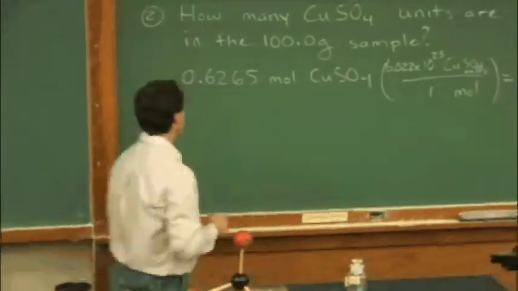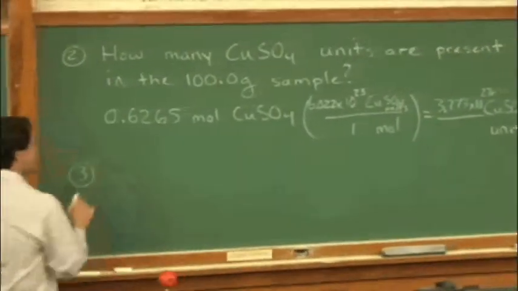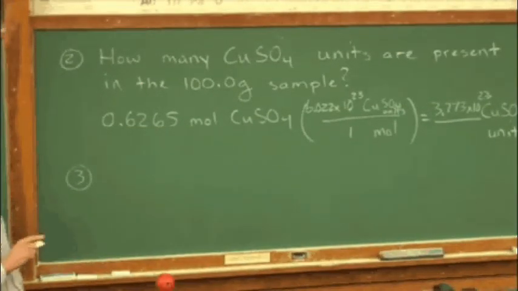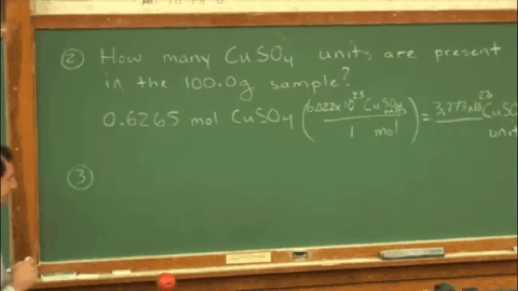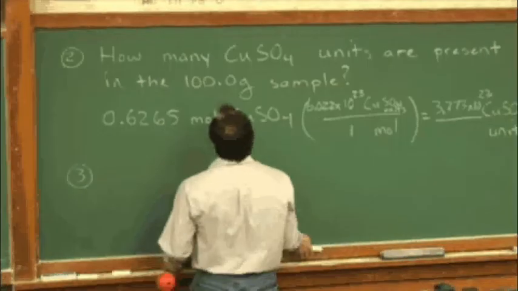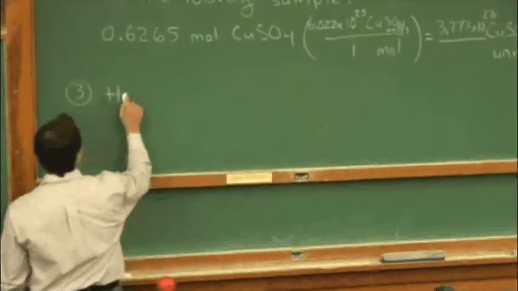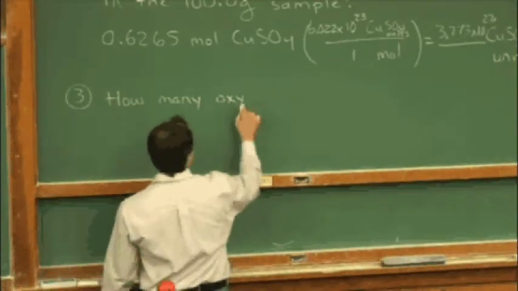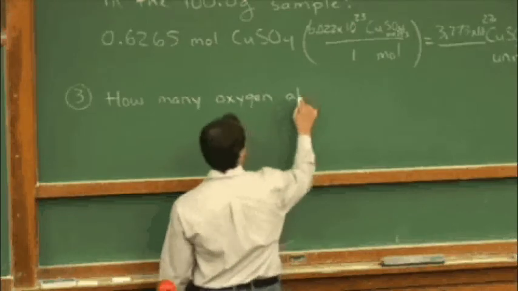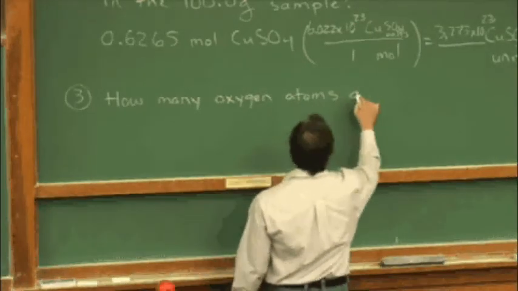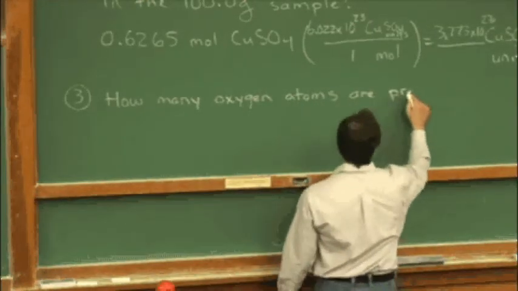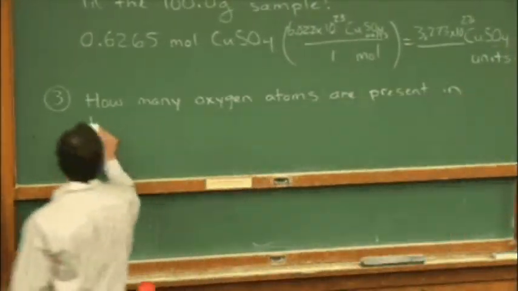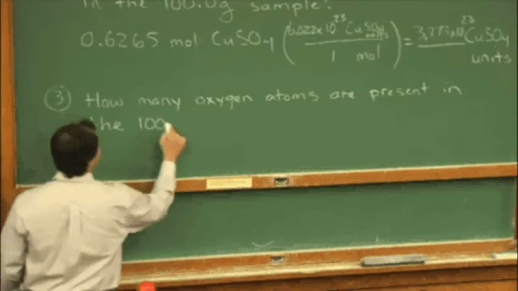Let's follow this up one more time. Question number 3 for the 100 gram sample of copper sulfate is going to ask how many oxygen atoms are present in our 100 gram sample.